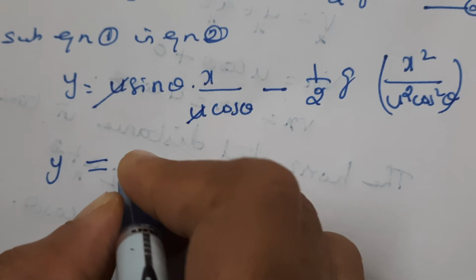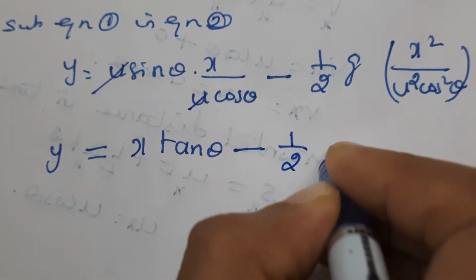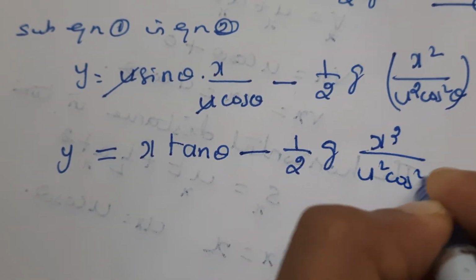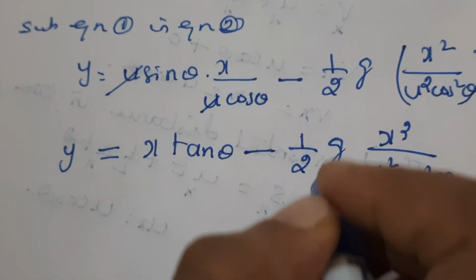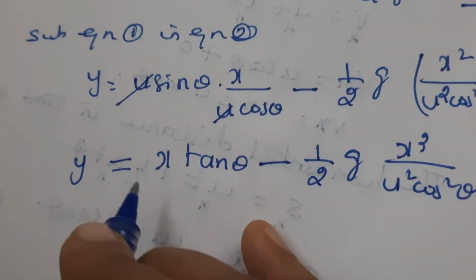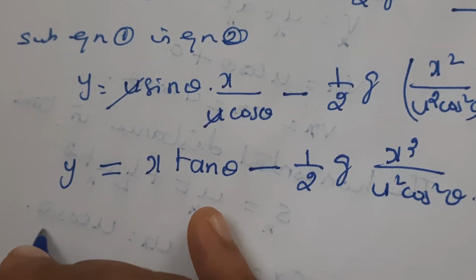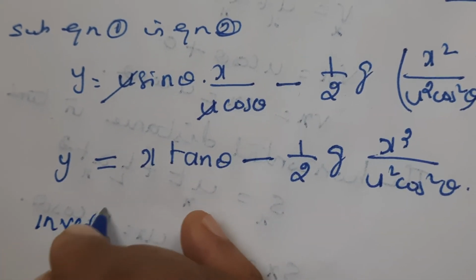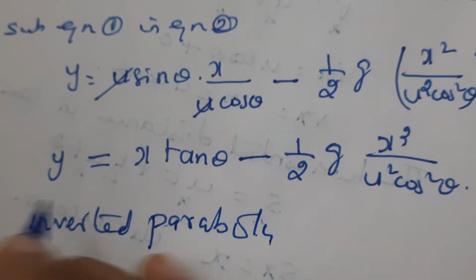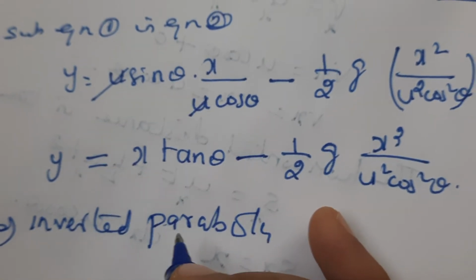So x tan theta minus half g x square by u square cos square theta. So this is also the equation of parabola. So the path followed by the projectile is an inverted parabola.